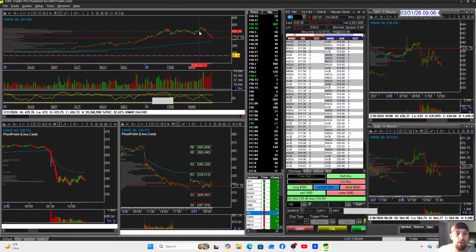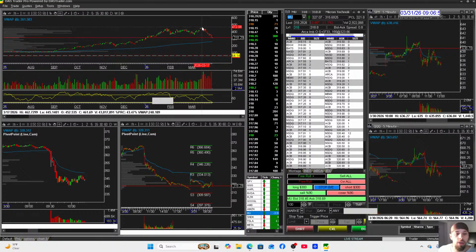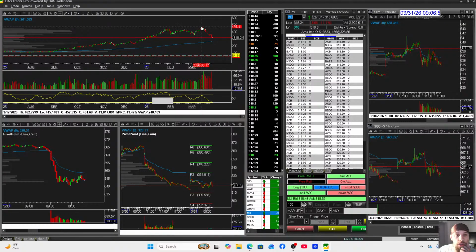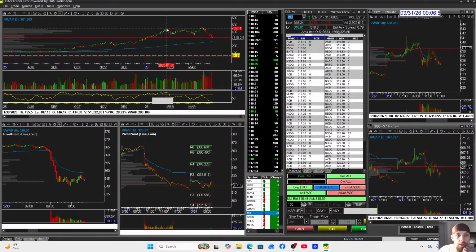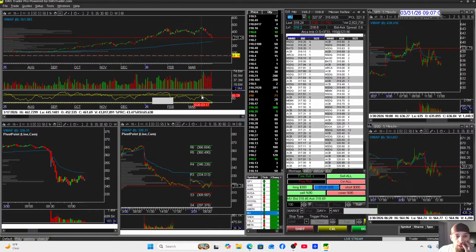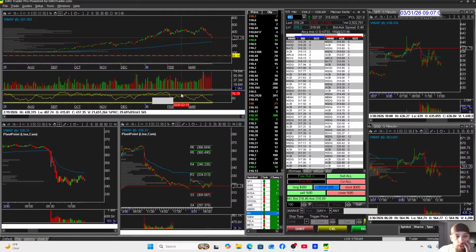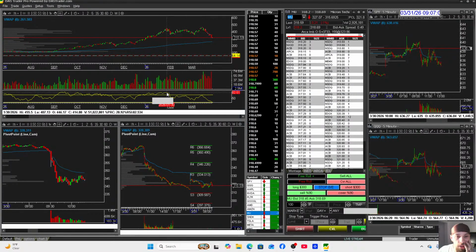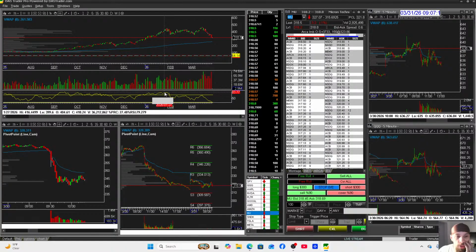Now the really good area to short obviously is right here, and the reason why is because this level up here is testing this level, so pretty much neck and neck, but you can see the overbought conditions have gone down from this area right here to right here. This is testing 82, 83, so extremely overbought.